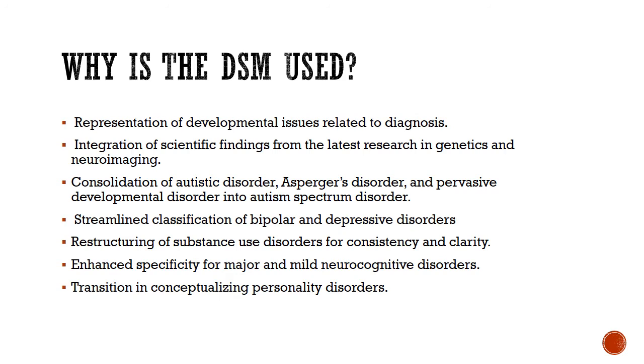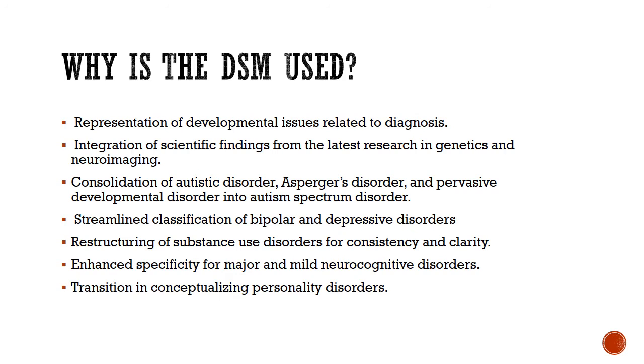The change in chapter organization better reflects a lifespan approach, with disorders more frequently diagnosed in childhood, for example, neurodevelopmental disorders, which include ADHD and autistic disorder, at the beginning of the manual, and the disorders more applicable to adulthood, which are neurocognitive disorders, at the end of the manual. Also, within the text, subheadings on development and course provide descriptions of how disorder presentations may change across the lifespan.